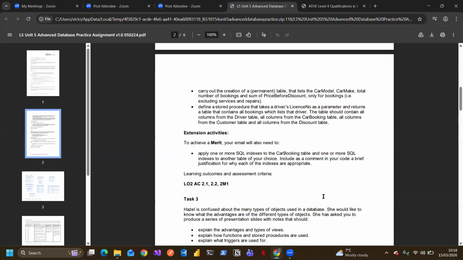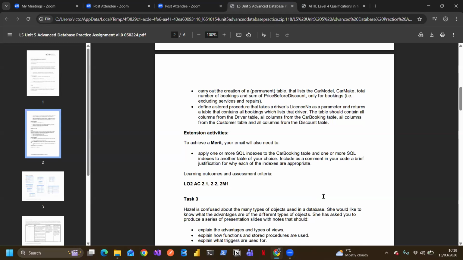Define a stored procedure that takes a driver license number as a parameter and returns a table that contains all bookings which list that driver. The table should contain all columns from the driver table, all columns from the car booking table, all columns from the customer table, and all columns from the discount table.